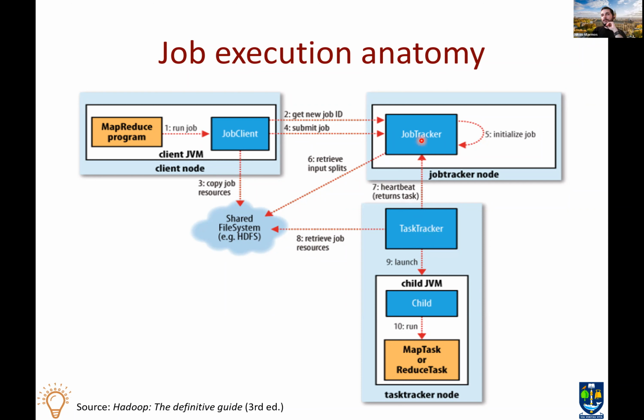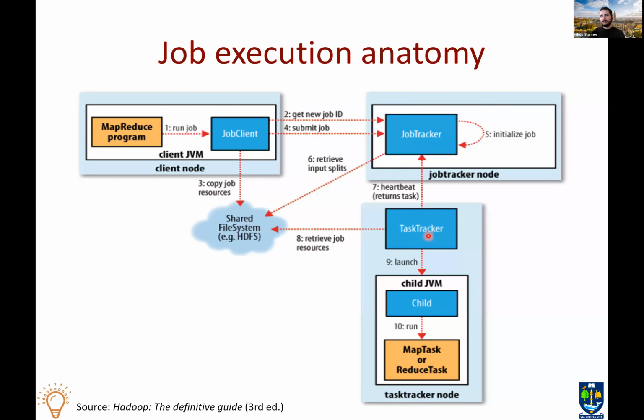Okay, so the job tracker sits there and waits for task trackers to heartbeat. And every time a task tracker responds by saying that, I have that many map tasks, that many reduce tasks, and I have space for that many more, then the job tracker will decide which of the map or reduce tasks of this job to assign to this task tracker, and will send the message back as a response to the heartbeat.